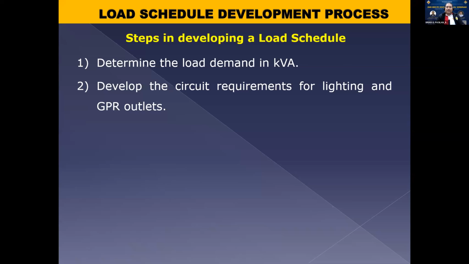Then when we have that data, we can now develop the circuit requirements for lighting and outlets. Once we have that kVA, we know how many circuits we need to assign for lighting and for our convenience outlets. So that's the next step.